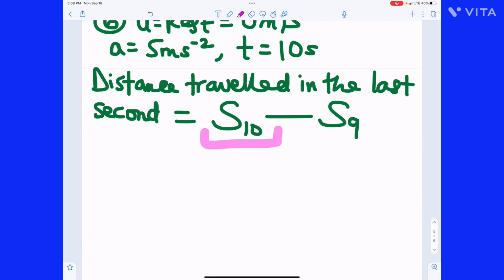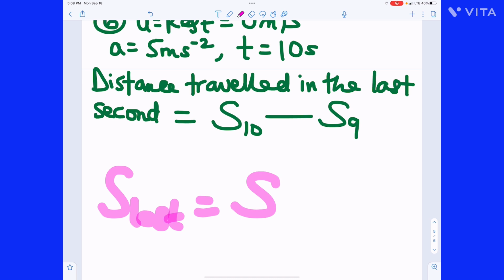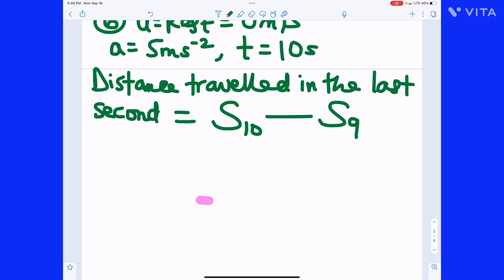If something travels for 5 seconds and you want to find the distance traveled in the last second, the distance traveled in the last second will be equal to the distance traveled for 5 seconds minus the distance traveled for the first 4 seconds. So we'll be doing this a lot. Let's take it one after the other.